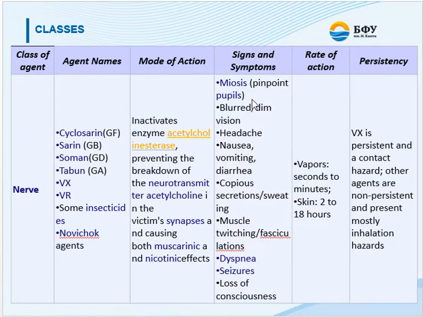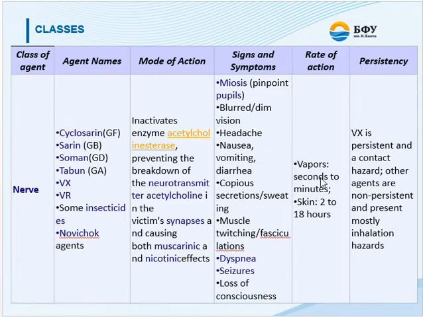Signs and symptoms: miosis, pinpoint pupils, blurred vision, headache, nausea, vomiting, diarrhea, copious secretions, sweating, muscle twitching, fasciculation, dyspnea, seizures, or loss of consciousness.